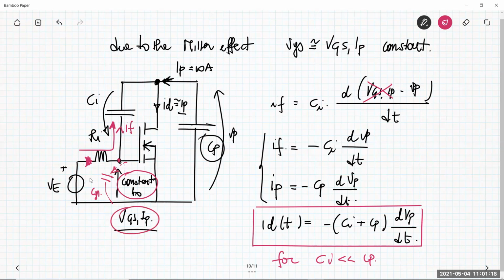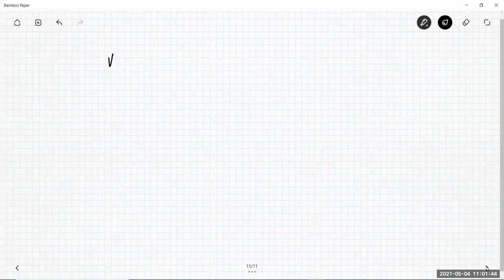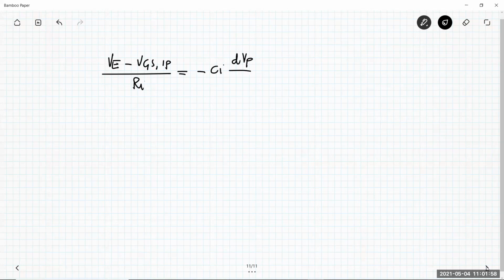Basically, in that situation, the MOSFET is not absorbing any gate current. And so all the current flowing here is the current IF. But I can compute this current, because it is VE minus VGS IP over Ri. So VE minus VGS IP over Ri, which is IF, is negative CI dVP over dt.